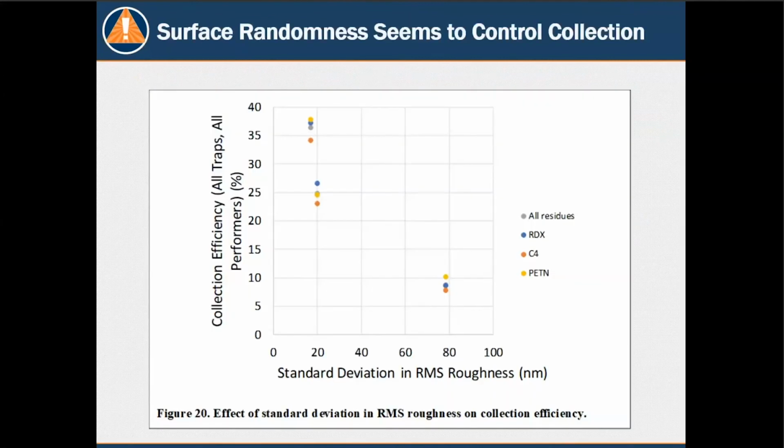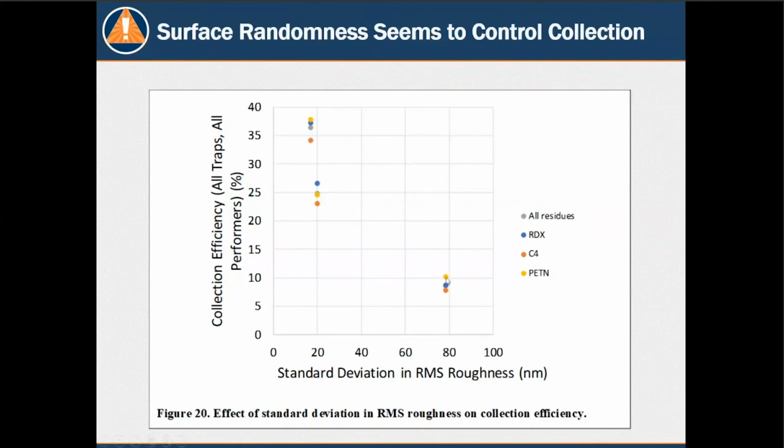But we did see one interesting result, and I'm showing that to you here. This is the collection efficiency as a function of the standard deviation in the RMS roughness of the surface from which we were removing material. And what we finally see here is there is some correlation.